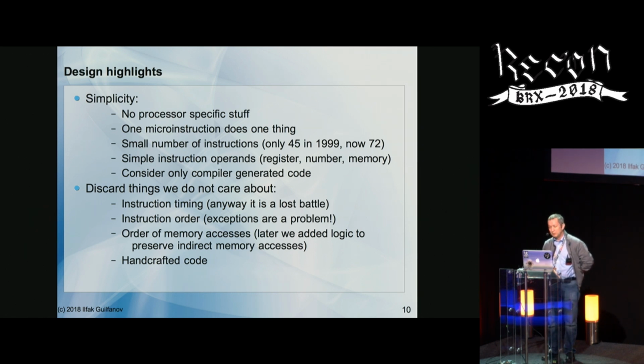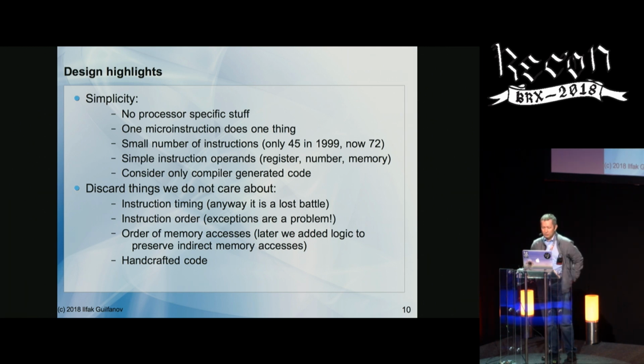But there's a problem. If we reshuffle two instructions, for example, and the second of the instructions generates an exception, after reshuffling, the second instruction may be executed before, and therefore the exception will happen earlier.